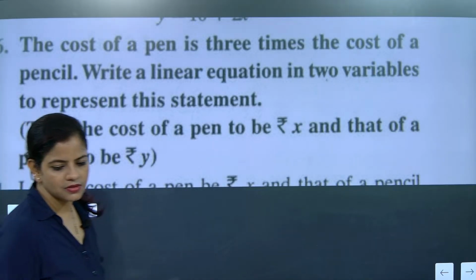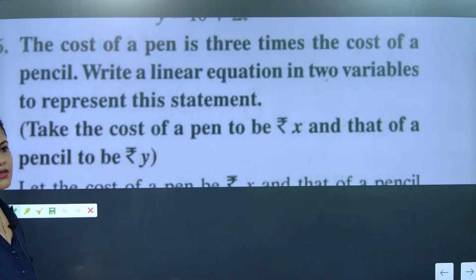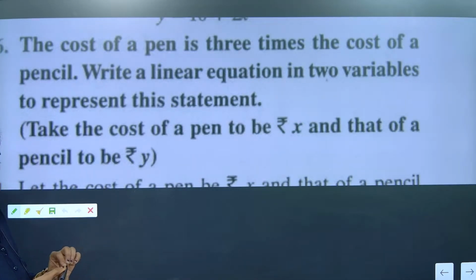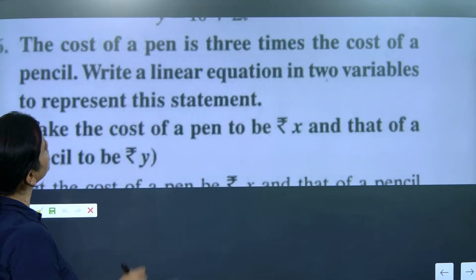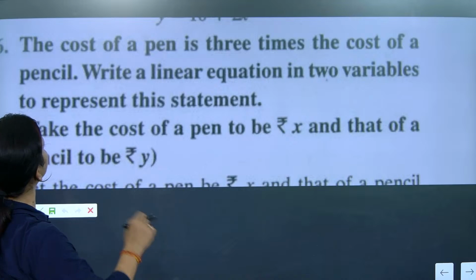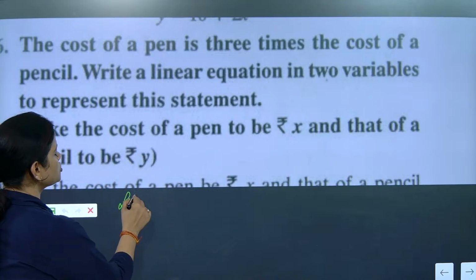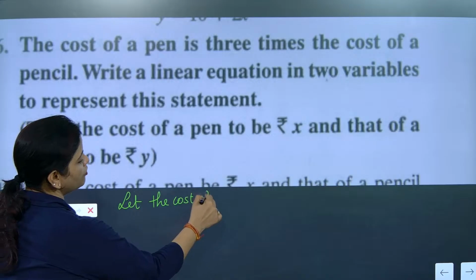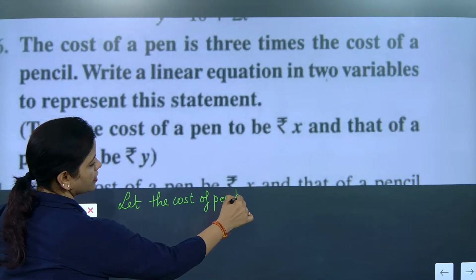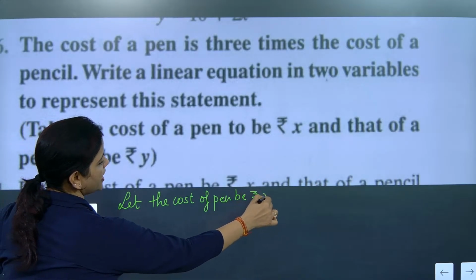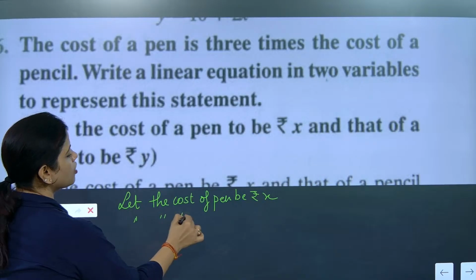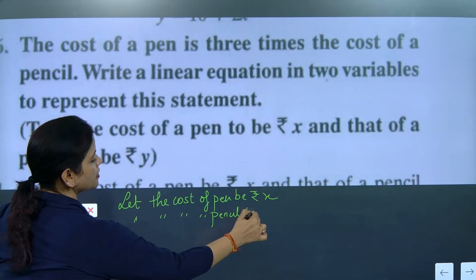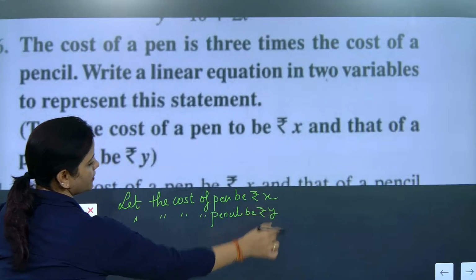The cost of pen is 3 times the cost of pencil. Let the cost of pen be rupees x, let the cost of pencil be rupees y. Done?